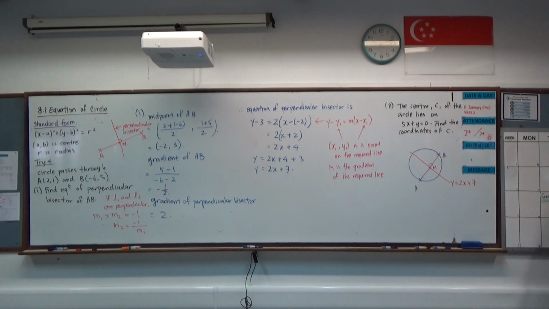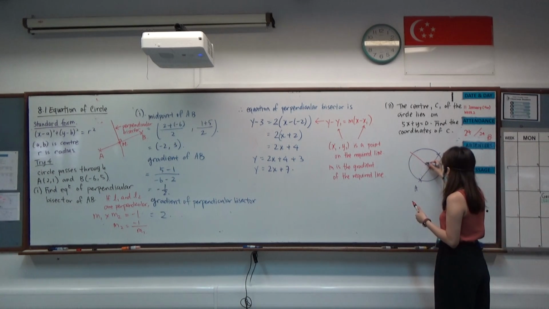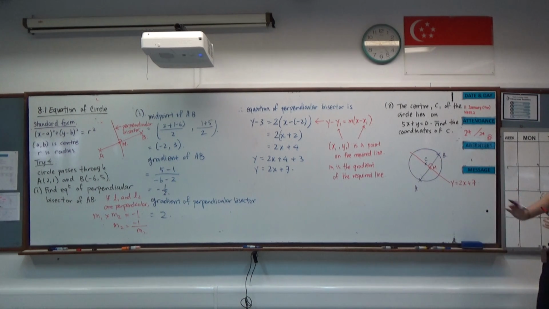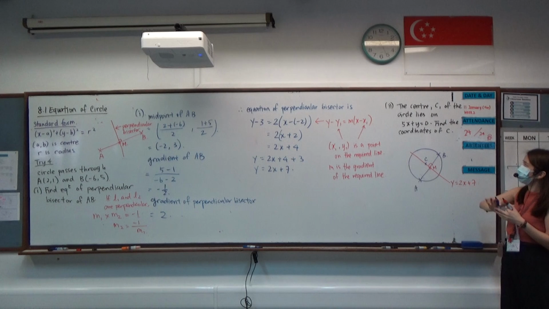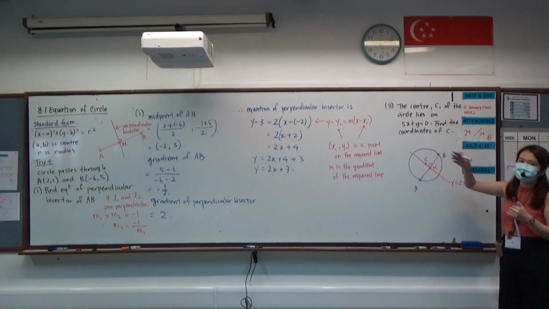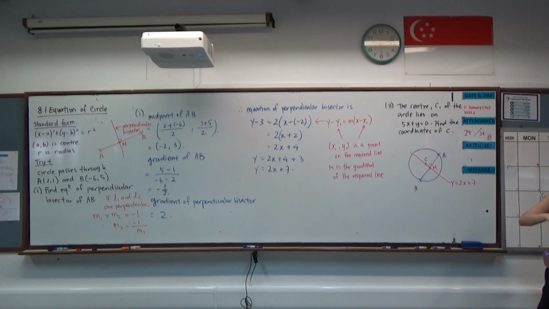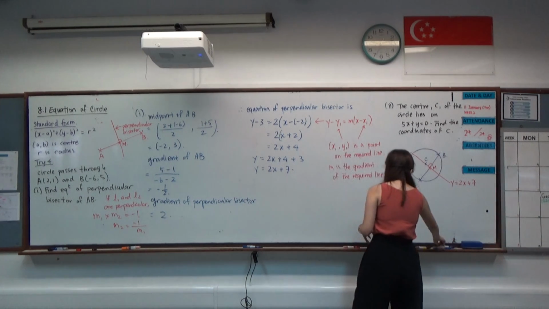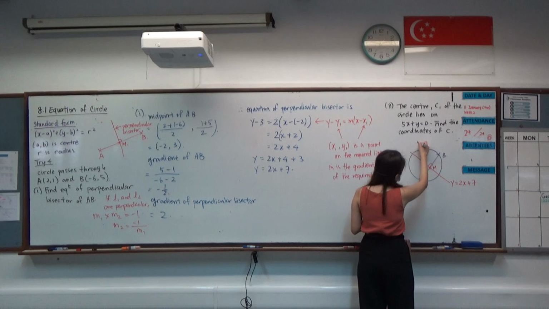Okay? Then after that, in part 2, the information they have provided to you is that there is a center C of the circle. Okay? And then this C itself lies on the line 5x plus y equals to 0. So maybe 5x plus y equals to 0 may look something like this.